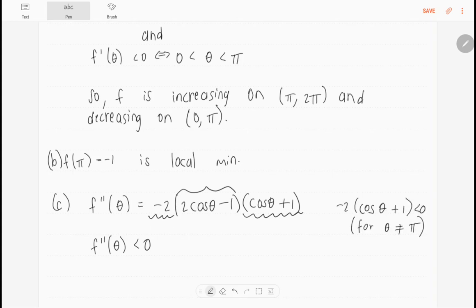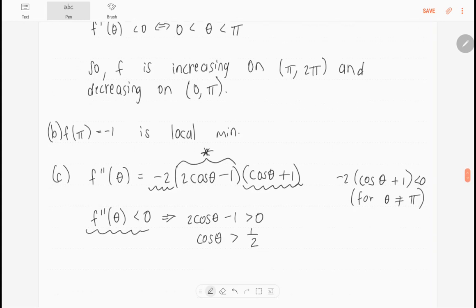So, to determine where the second derivative is less than 0, we just have to work out where this is greater than 0. So, 2 cos theta minus 1 is greater than 0, which means cos theta is greater than a half.